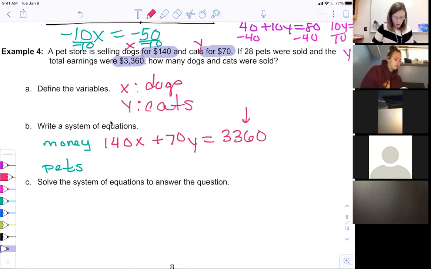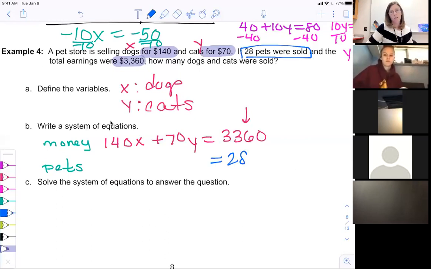The second question, pets. How many pets did we sell? Well, 28 pets were sold. So again, that's my total. What types of pets did we sell? Dogs and cats, or in algebra, X and Y. So that's the tricky part. Now we're going to use elimination again. And I would look at the smaller of the two numbers.